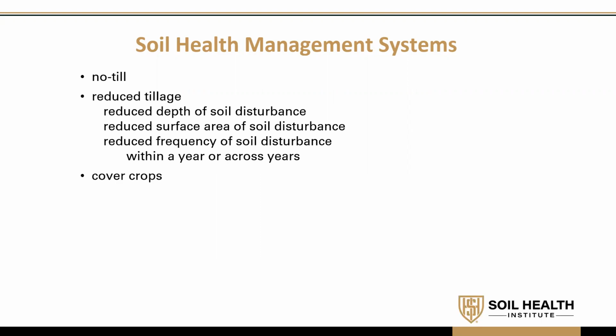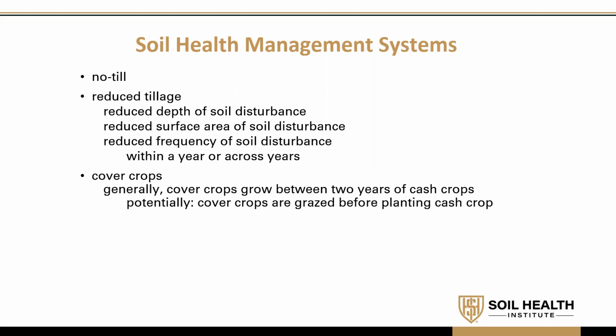Another type of soil health management system is cover crops. Generally, cover crops grow between 2 years of cash crops. Potentially, cover crops are grazed before planting the cash crop, or potentially cover crops are cut for forage before planting the cash crop.